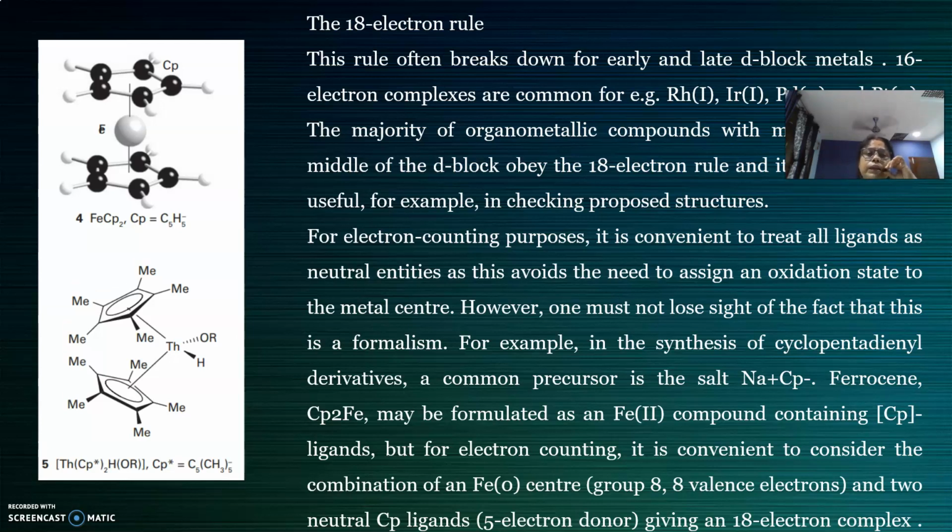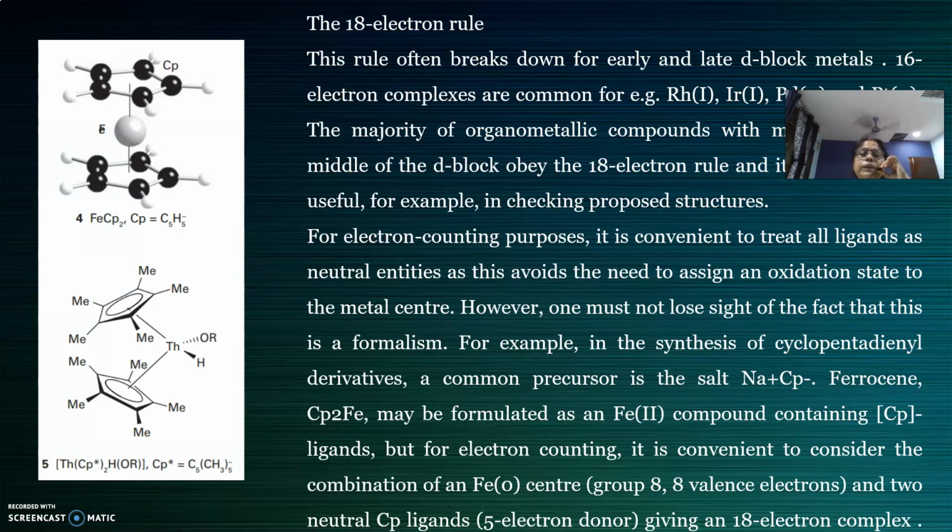Now, organometallics, as I said, are compounds where there is a central metal atom to which a ligand is attached through a coordinate covalent bond, and the donor atom in that ligand must be a carbon atom. The metal atom which participates in the formation of an organometallic is mostly a d block or transition metal.